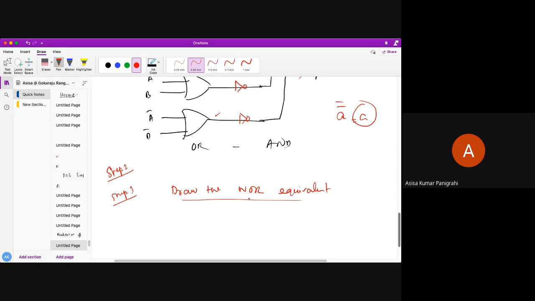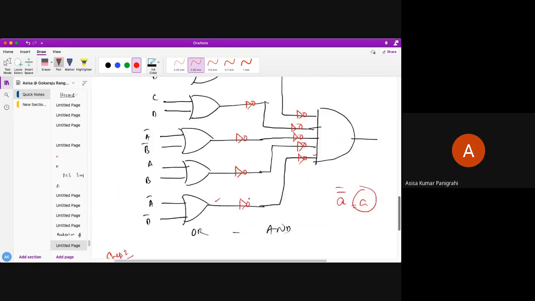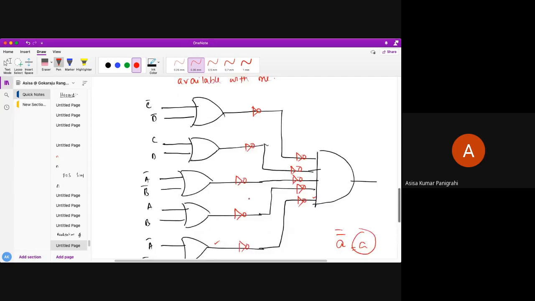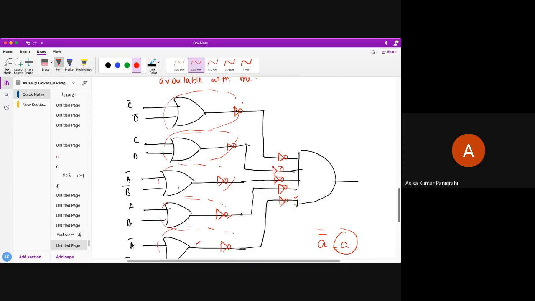Just see here: this combination of OR and NOT is nothing else but my NOR gate. You just have to represent all of these with two input NOR gates. This combo will give me a two input NOR gate, this combo also, this also, this also, and this also.